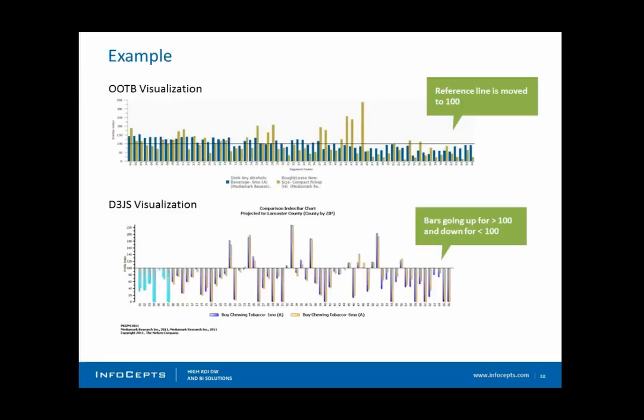In the top graph that you see, your x-axis would still start at 0, and the best you would be able to do is like that. Whereas if you use a D3JS visualization, there's a much better way of displaying that graphic, which is visually more appealing and easier to understand from a user standpoint.